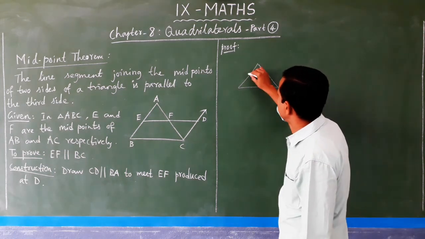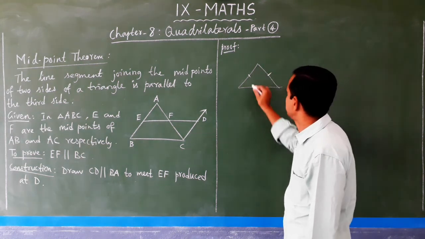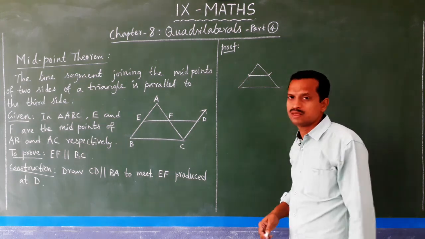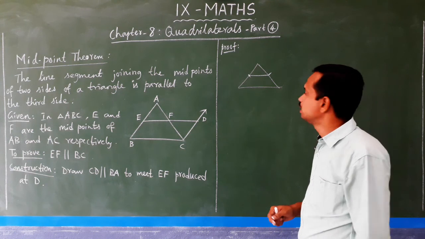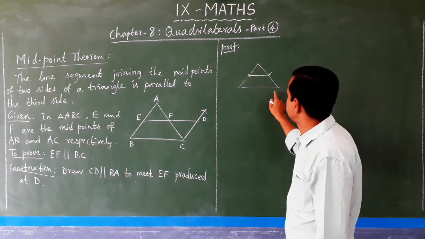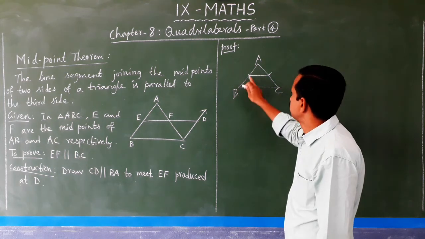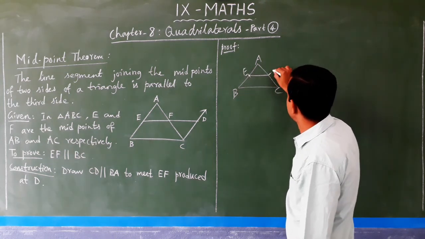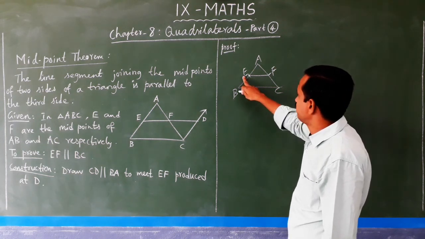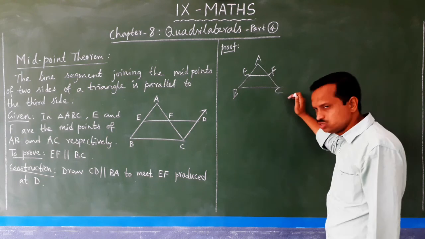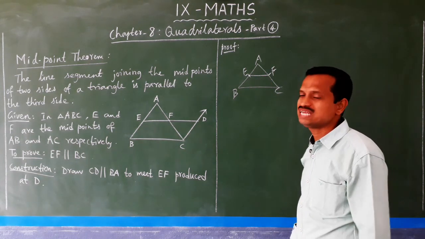For example, ABC. AB, the midpoint is E. AC, the midpoint is F. So E is the midpoint of AB, F is the midpoint of AC, and if we join these two midpoints, that is called a line segment.